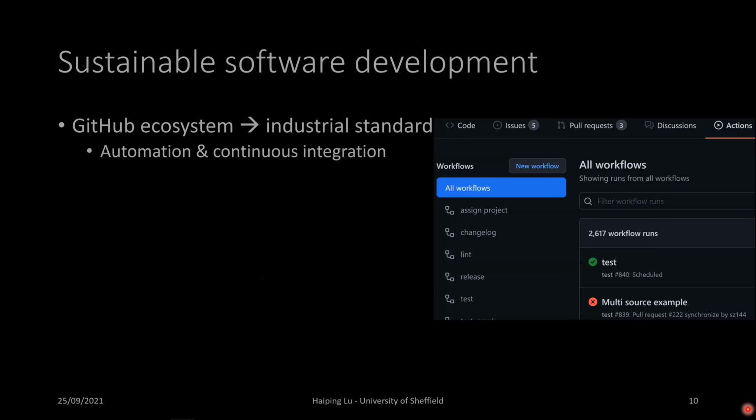We want to make our software, our library, sustainable. Therefore, we embed our library deeply into the GitHub ecosystem to reach industrial standard. We have many automations enabled, and we have continuous integration built in our library.